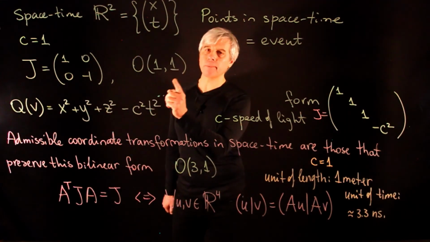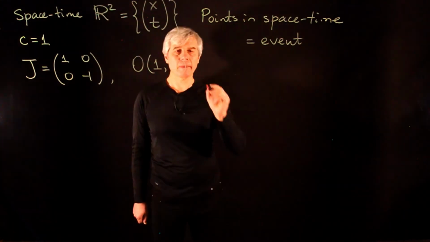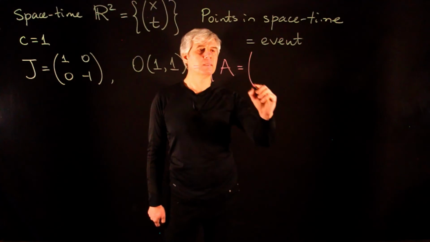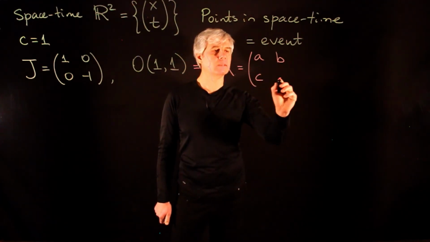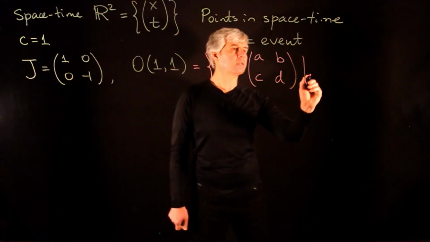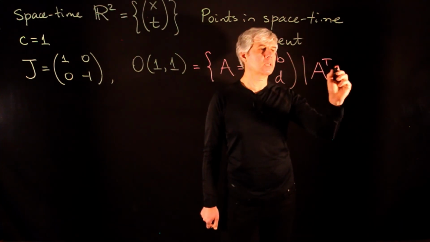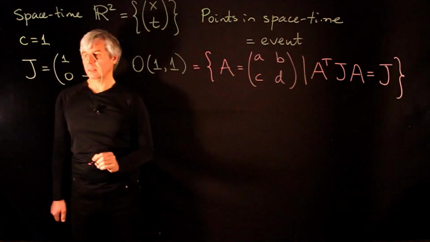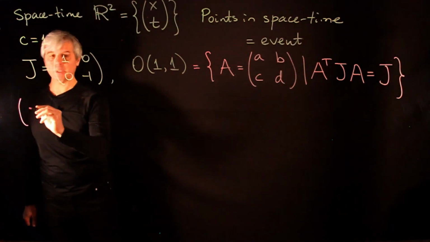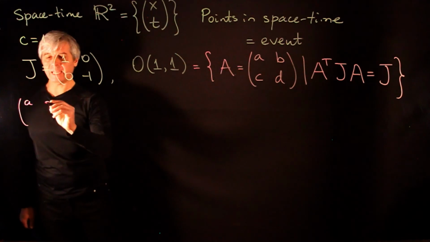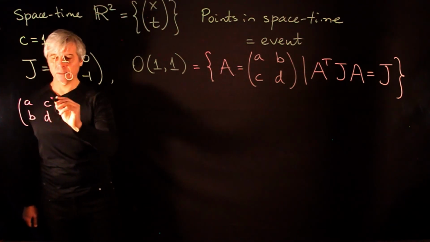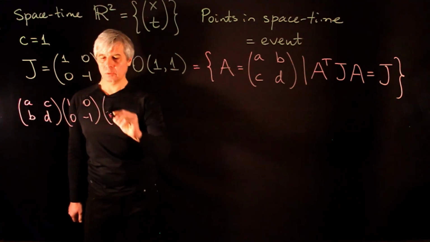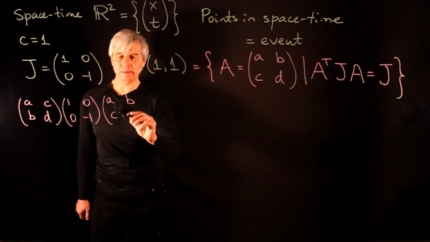Let us describe matrices that belong to this group. This group will consist of 2 by 2 matrices (A, B; C, D), such that A transpose times J times A is equal to J. Let's do the calculations. If we take A transpose, this is (A, C; B, D) times (1, 0; 0, -1) times (A, B; C, D).